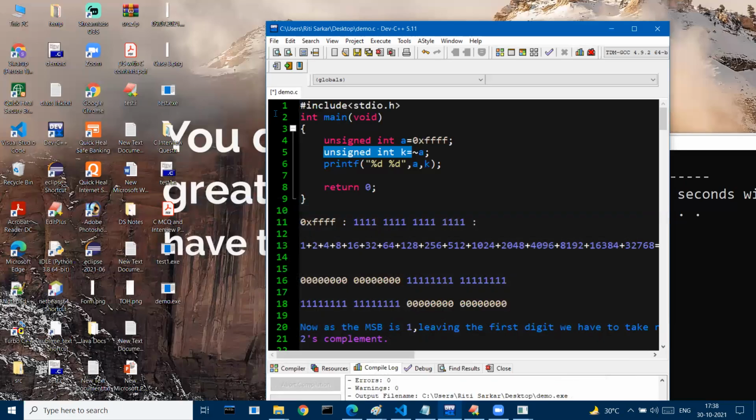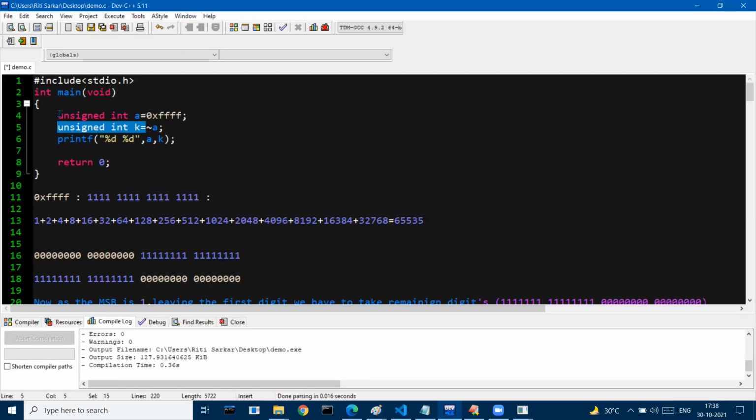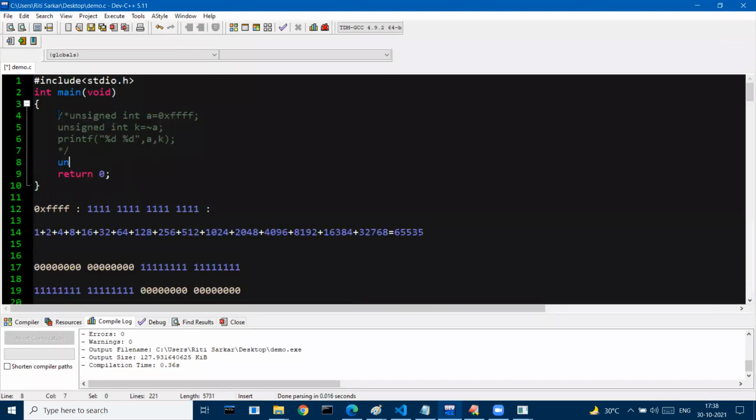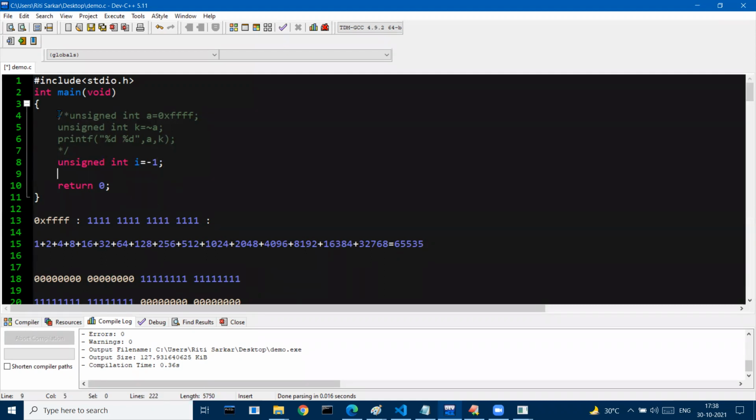Suppose, for example, guys, forget this for the time being. I'm taking one unsigned int I is equal to minus 1. No, sir. It's not capable of taking minus value. It's capable of taking positive value. Still, I'm taking that. What will happen?